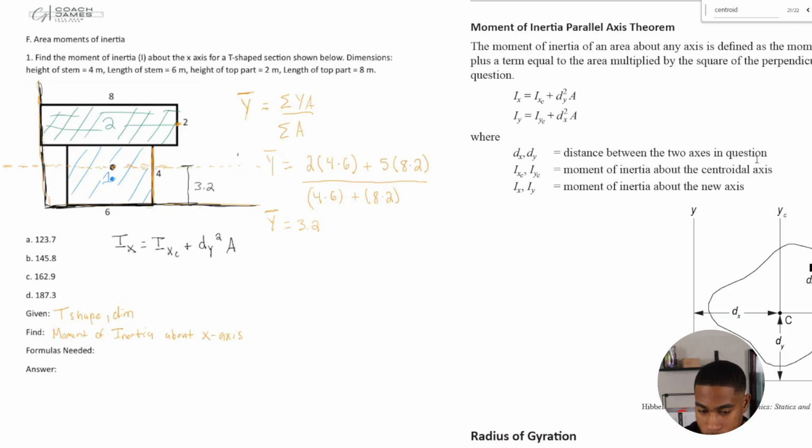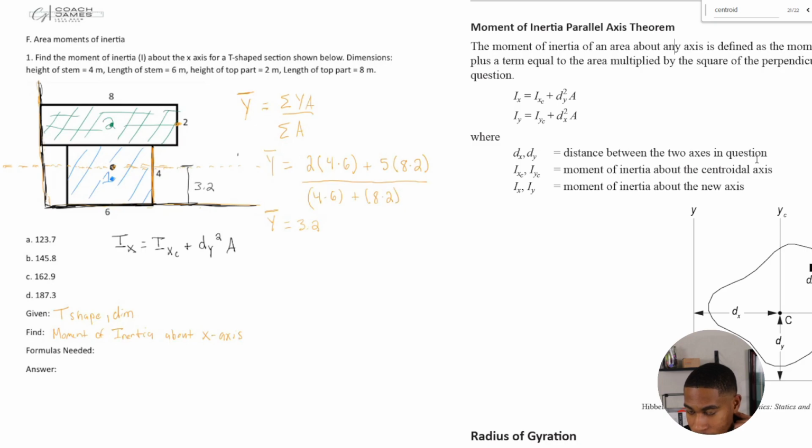So that's going to be your dy. And then you also have the centroid of your other shape, which could be like here. So there's going to be a distance between the centroids of your individual pieces and the centroid of your whole combined piece. So you have a few different reference points that we're looking at.